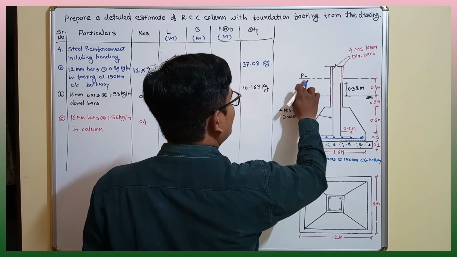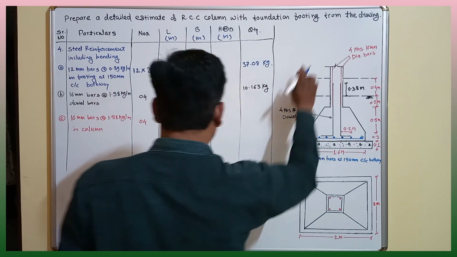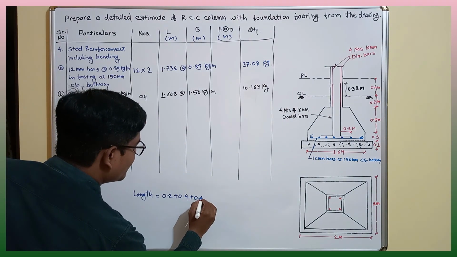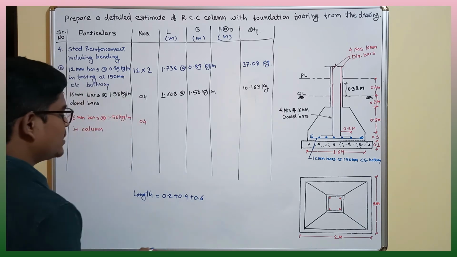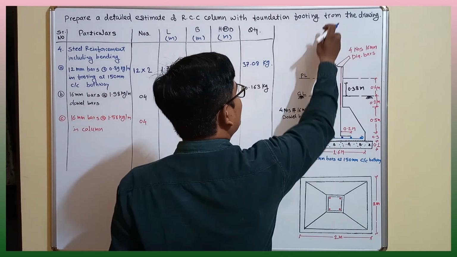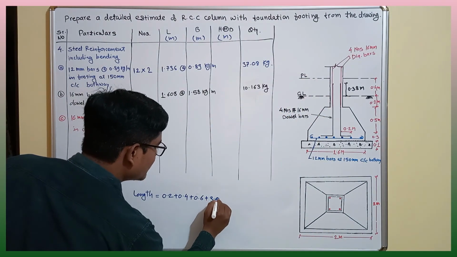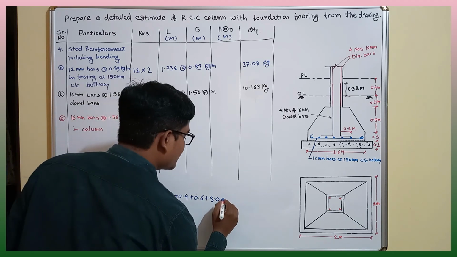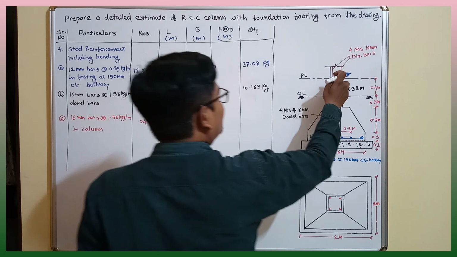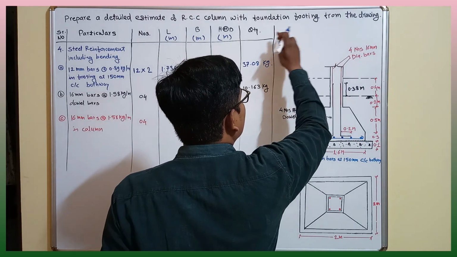Again I will assume here from plinth level to floor level, that is 0.6 meter, plus from floor to slab level 3 meter, and plus this vertical bars is bent in the slab.